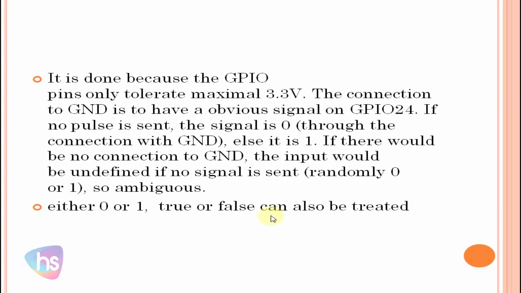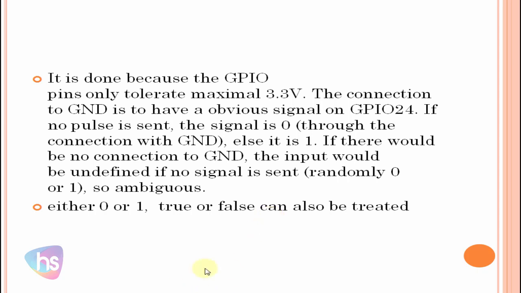This is done because the GPIO pins only tolerate a maximum of 3.3 volts. The connection to GND is to have clear signals on GPIO 24. This is why we used these resistors and connected particular ports on the GPIO board of the Raspberry Pi module. This is the idea of our program.